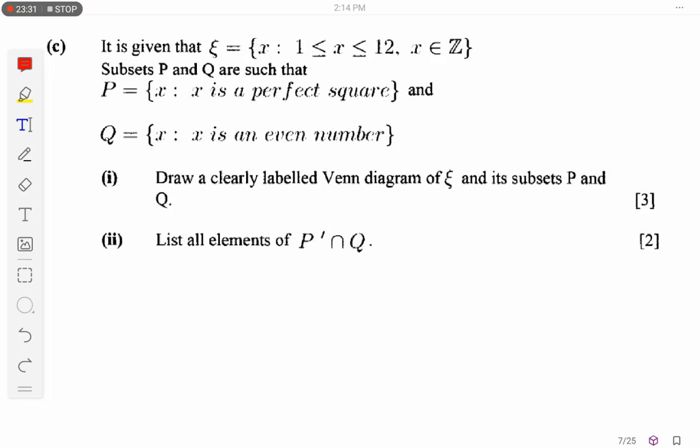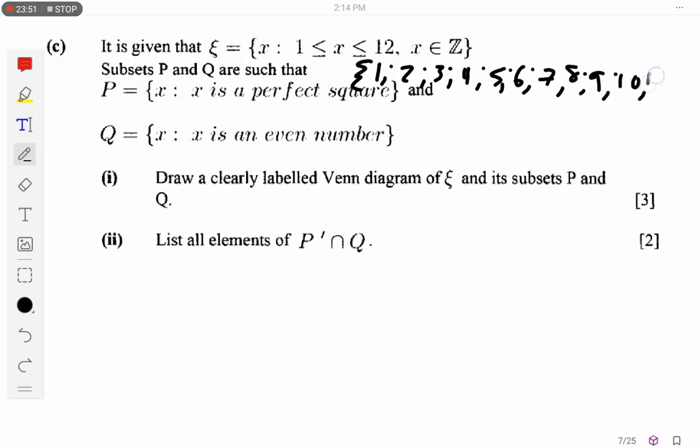This one is saying we are given the universal set as 1 to 12. So I can rewrite this as 1, 2, 3, 4, 5, 6, 7, 8, 9, 10, 11, 12. So this is my universal set.